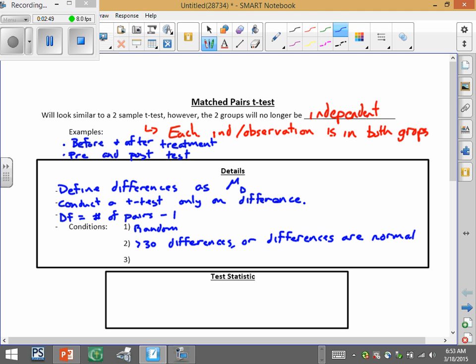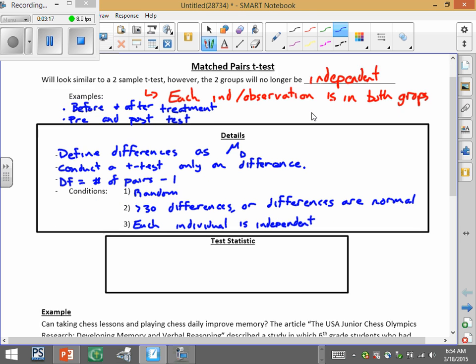And then here, the third condition, we want each individual to be independent. So the groups are no longer independent, each individual is independent. So, one student's performance on the pre and post test isn't going to affect the next student's performance on the test.